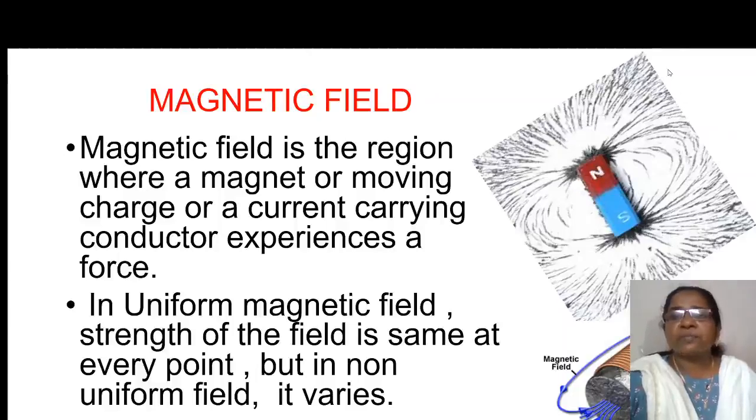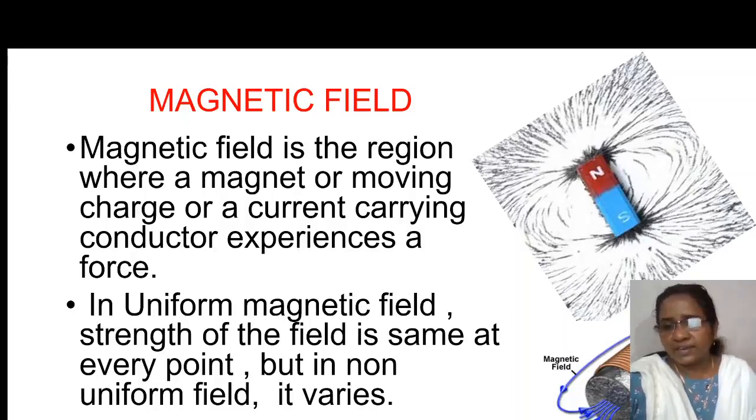That is, if you bring another magnet into this field, or any other material which can be attracted by magnets, it will experience a force. If you bring a current carrying conductor also, it will experience a force of attraction or repulsion. So this region around a magnet in which another magnet or a current carrying conductor or a moving charge experiences a force is known as the magnetic field of this magnet.